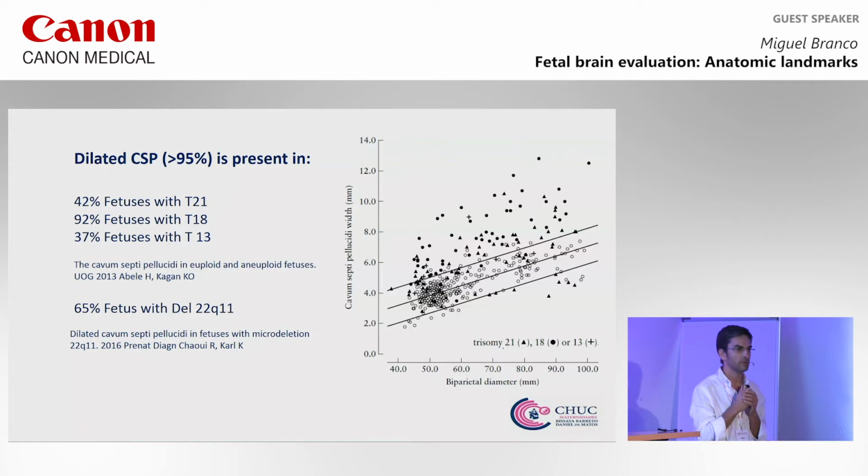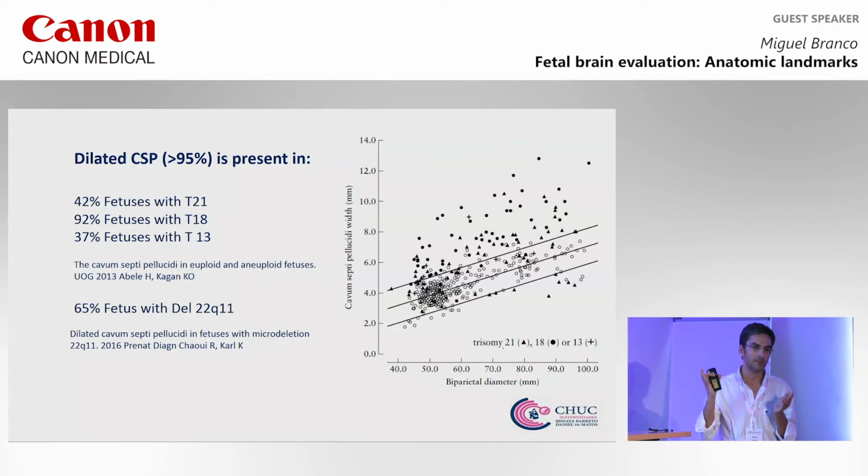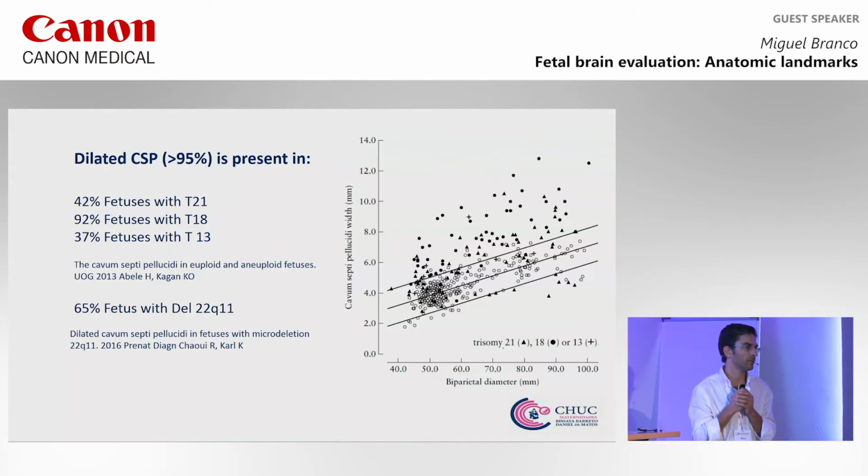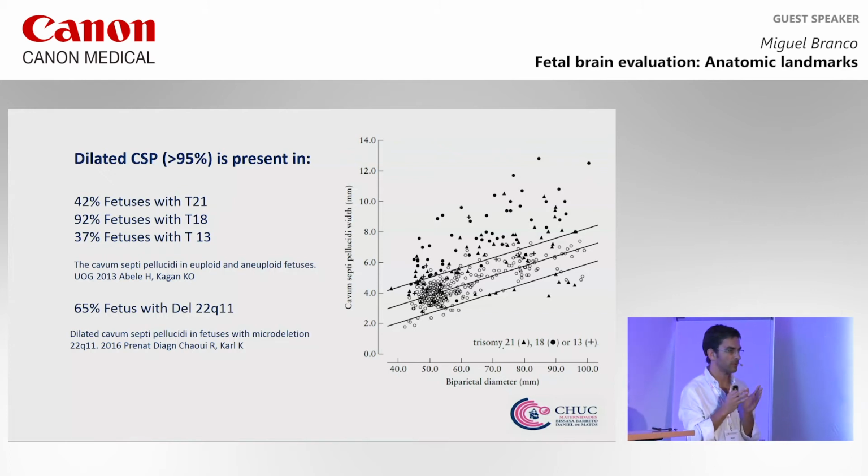It's also associated with deletion 22q, and this is a hint if you have any cardiopathy, conotruncal cardiopathy, or hypoplastic thymus. I don't really know if it's isolated, whether we should value it.